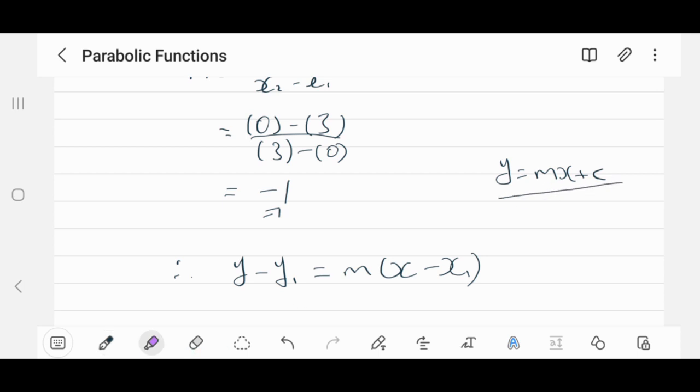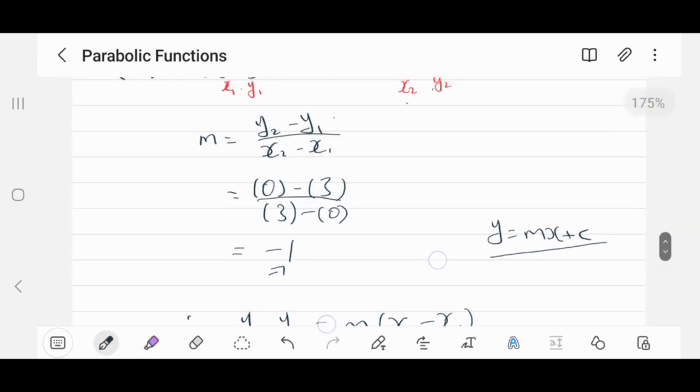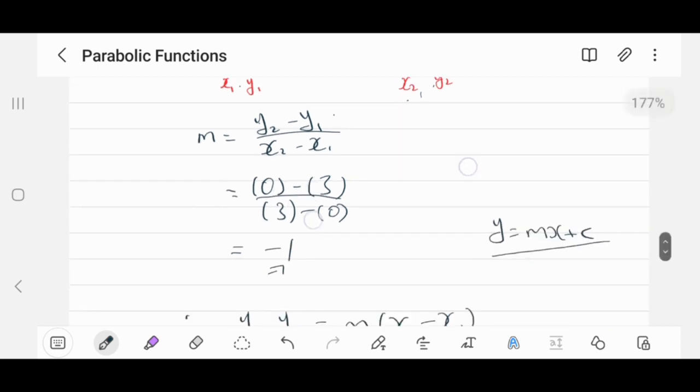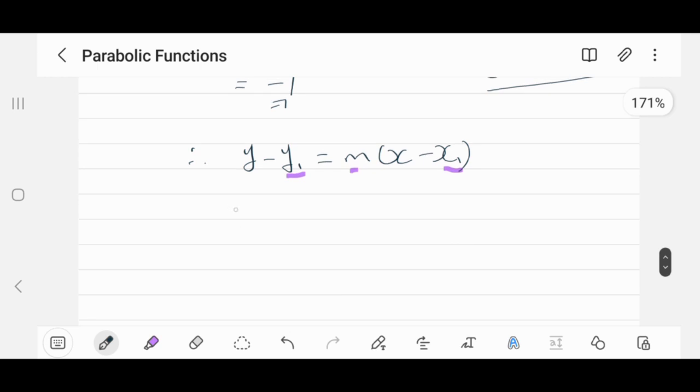So I will only substitute on M, Y1 and X1. I can take any point, as long as on X I put X and on Y I put Y. So this Y I'm going to leave because I'm not substituting on it.